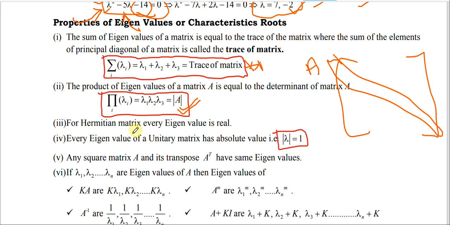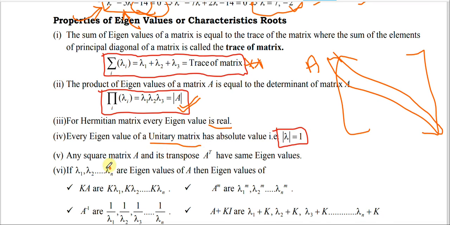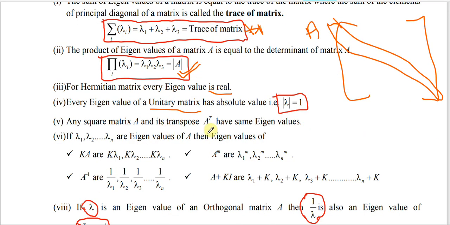For a Hermitian matrix, every eigenvalue is real, and every eigenvalue of a unitary matrix has absolute value 1. Lambda will be plus or minus 1 for an orthogonal matrix. For any square matrix A and its transpose, both have the same eigenvalues, okay?